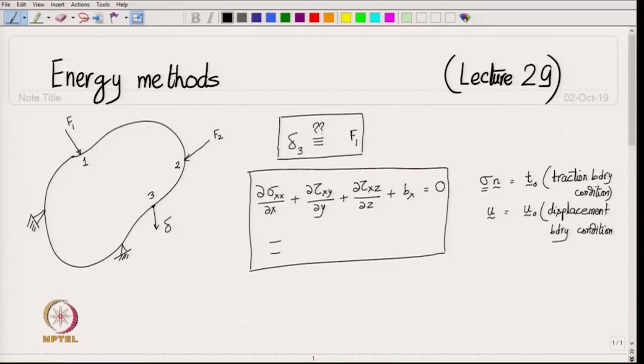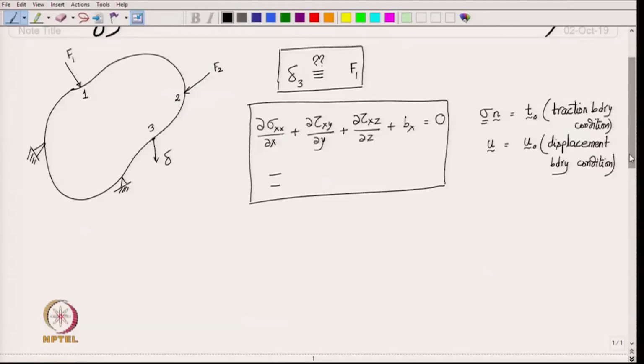Now, have a look at the nature of this equation. So, we have this equation which is linear in stress. You see sigma, what is the power of sigma in each of the terms? It is 1. So, it is linear in stress components. Correct?